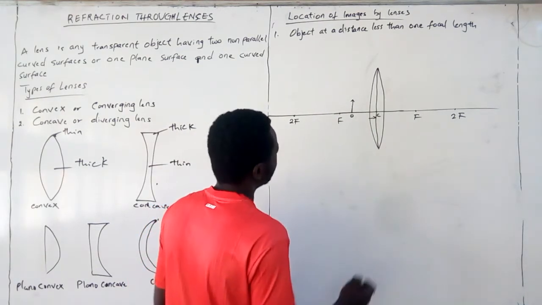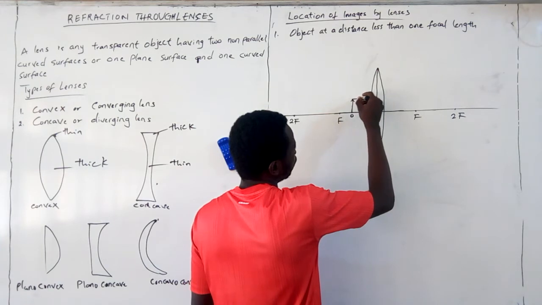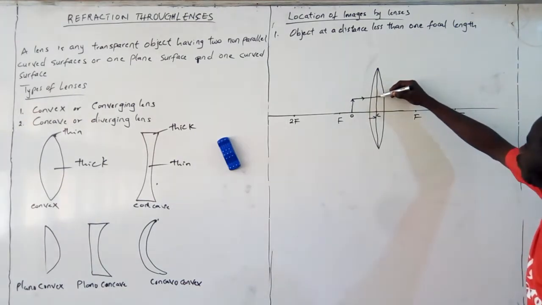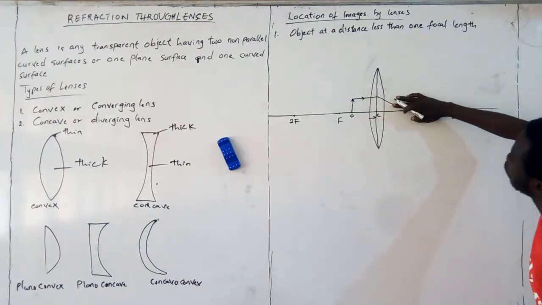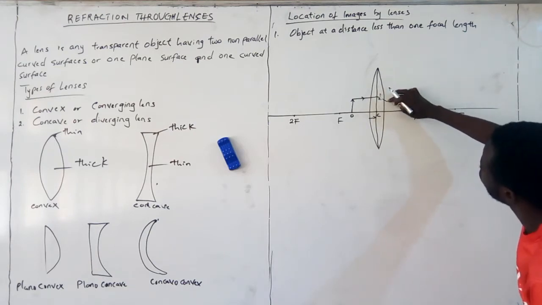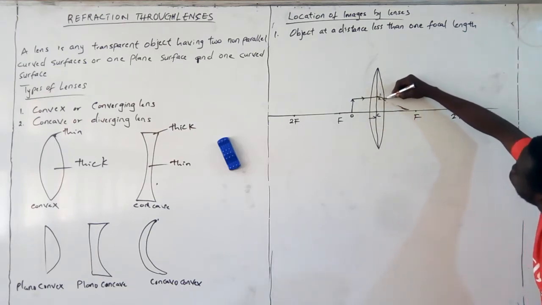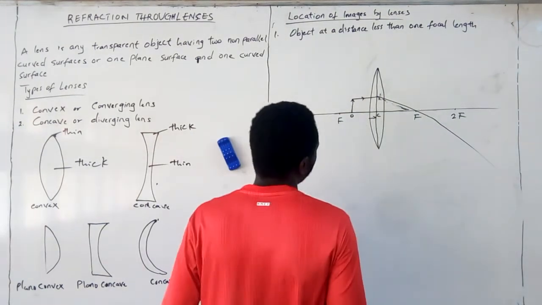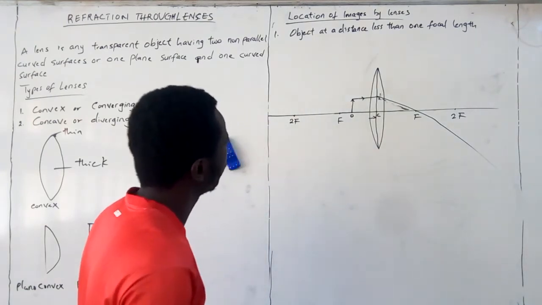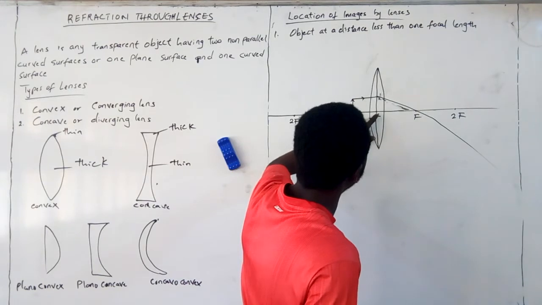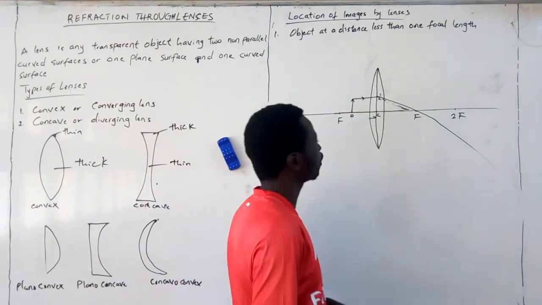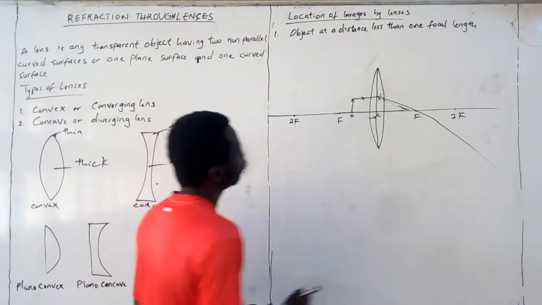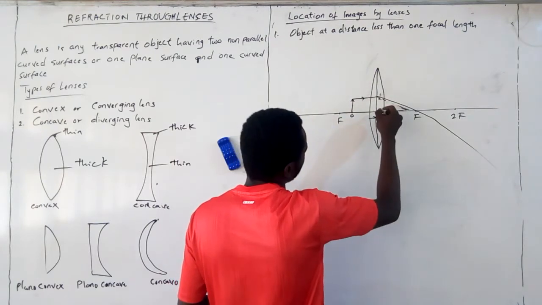Now rays of light will be transmitted this way and fall on F. Then rays from this object also pass through the optical center. Now any ray passing through the optical center will not be deviated or refracted.